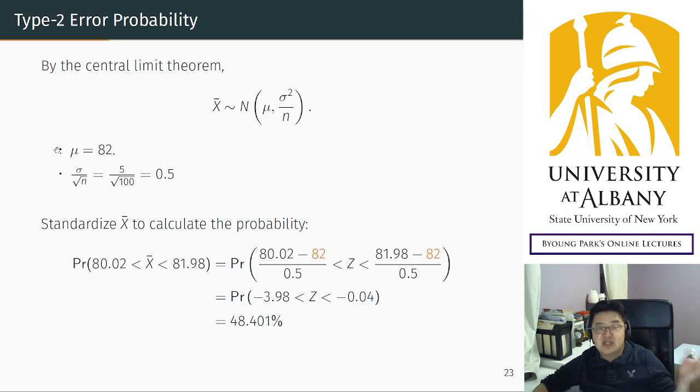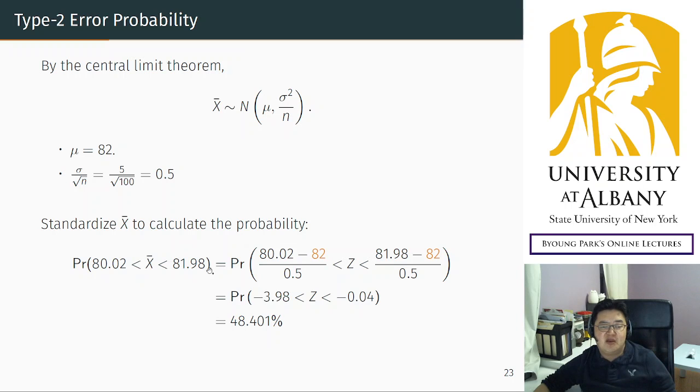When you calculate type 1 error probability, it was 81 because at that time we assumed that the null hypothesis was correct. But now we assume mu is 82, so you have to use your assumption, right? And then using those two parameters, the standard deviation is the same. Standardize x bar and calculate the probability.